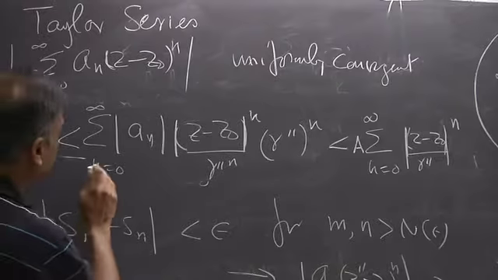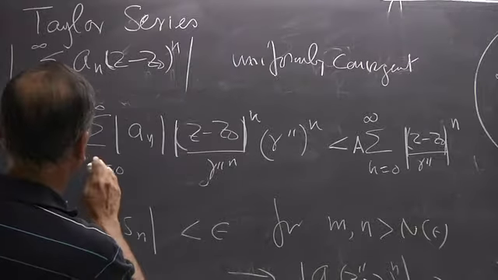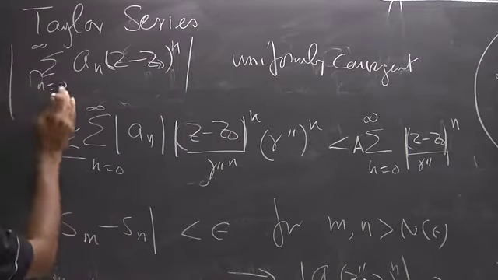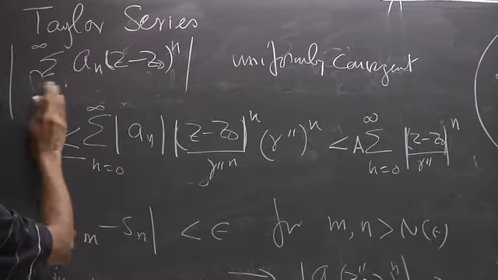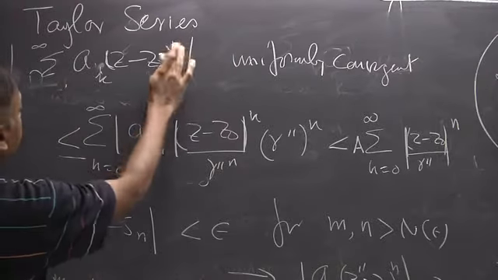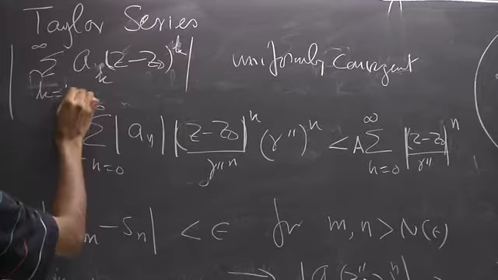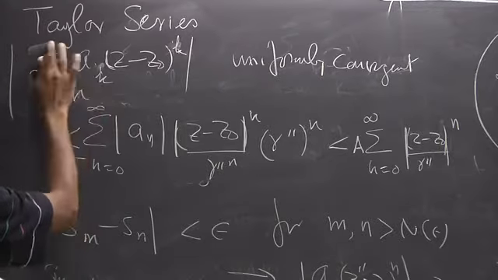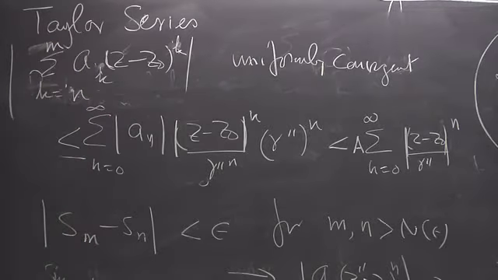So let me look at the following. What we want to do is look at the Cauchy criterion. So let's take the sum from k equal to n to m. We want to show that I can make this arbitrarily small. That's what I want to check.